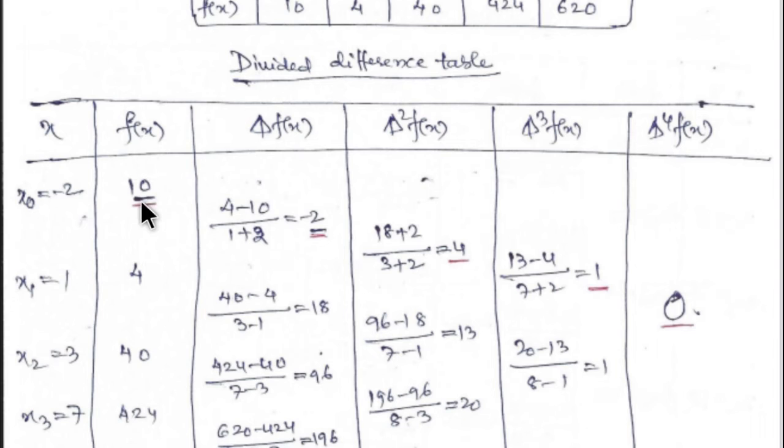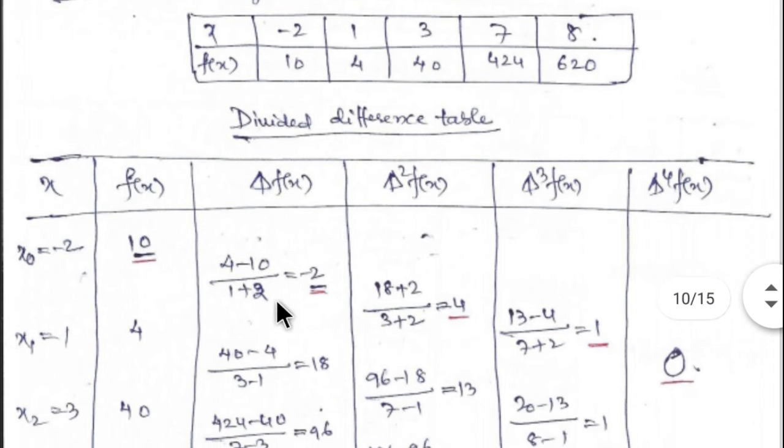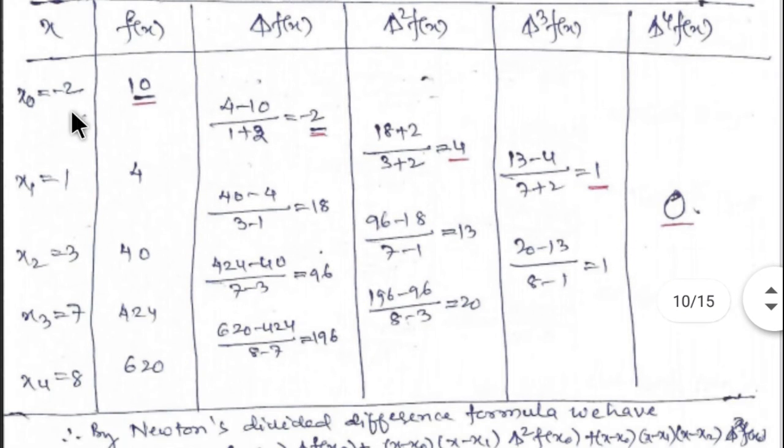These are arguments, entries. x0 is minus 2, x1 is 1, x2 is 3, x3 is 7, x4 equal to 8. Then f(x) values 10, 4, that is f of x0, f of x1, f of x2, f of x3, f of x4. These are 40, 424, 620.